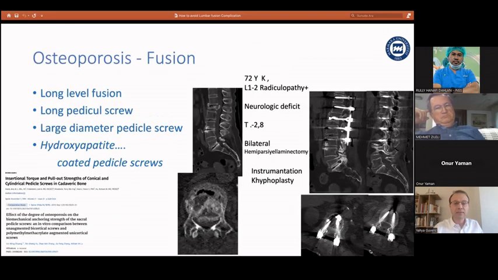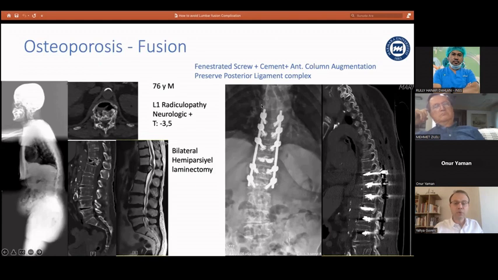And this patient has a neurological deficit and osteoporosis, and there is a fracture in here. We use long-level instrumentation, and we put vertebral augmentation in here, and we put short screws here.